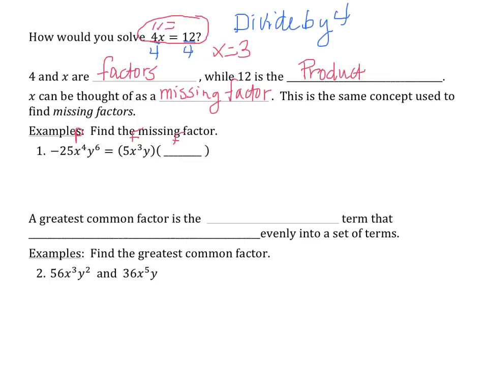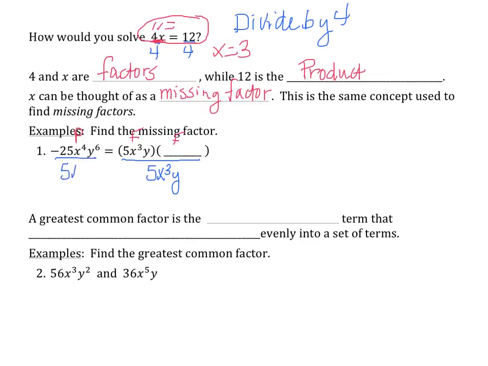So just like you did in the previous example, you would want to divide by the coefficient of the unknown. So in this particular example, we are going to divide both sides by that 5x cubed y, because we want to find out what that missing factor is.